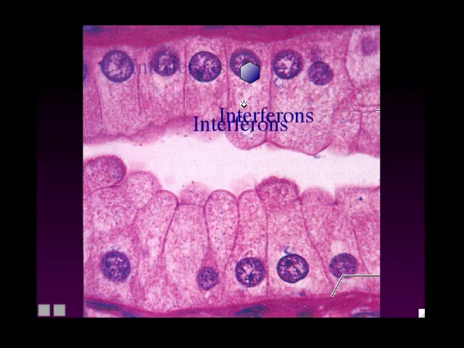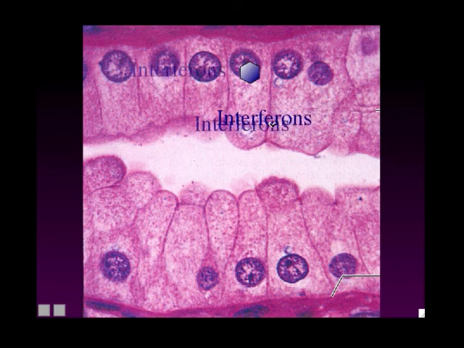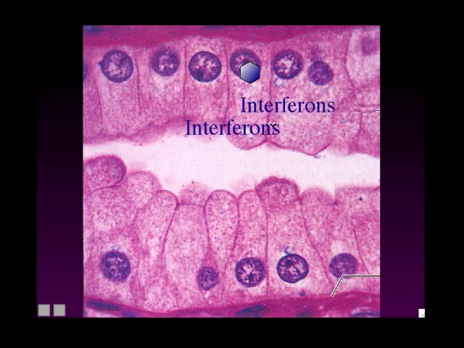And these interferons allow neighboring cells to protect themselves from the virus, because this cell knows that very soon it's going to end up reproducing that virus, and so viruses will be secreted in this area. And so these interferons essentially warn the surrounding cells, like, hey, beef up your defenses against viruses, because I've been infected by a virus, and so you're going to be exposed to a virus also.